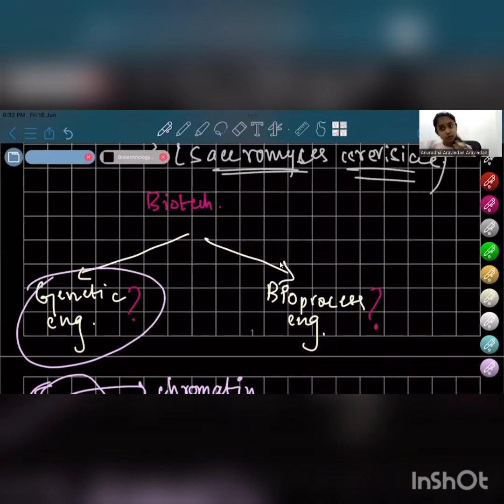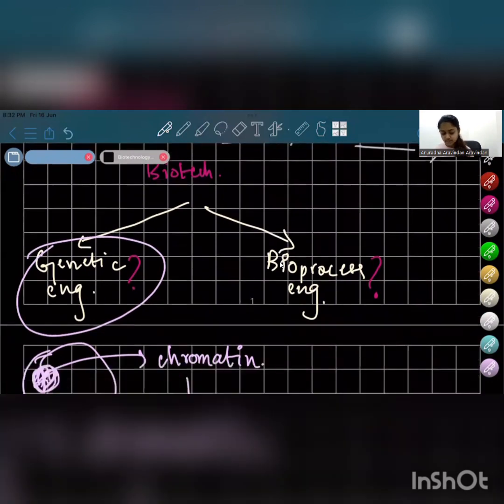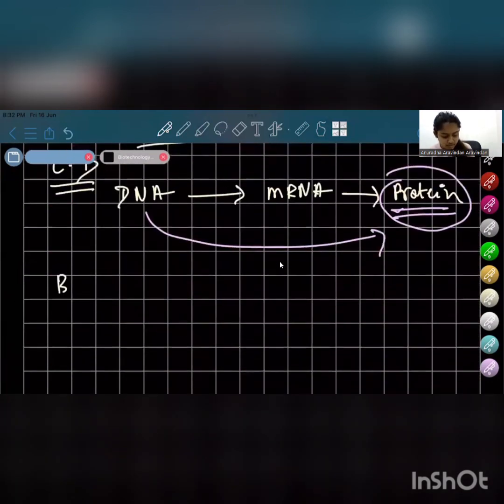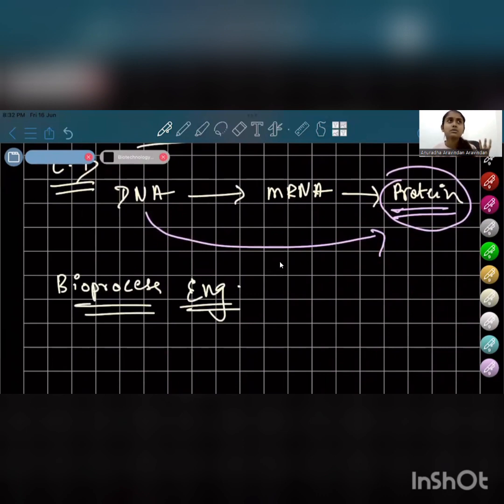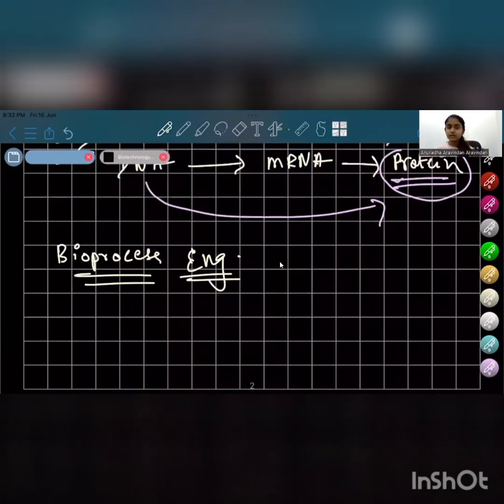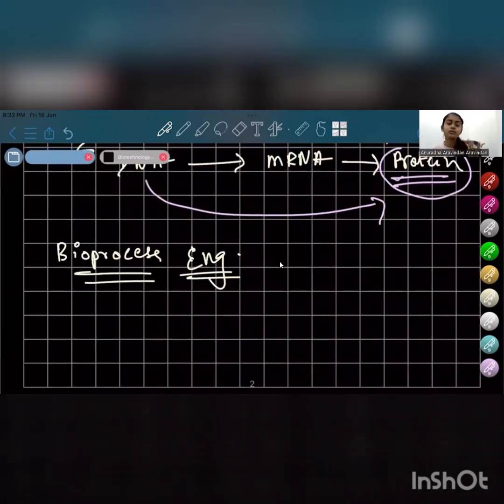So now let's come to bioprocess engineering. What is bioprocess engineering? I have explained an example about making curd from milk. It was a microbe-mediated process, obviously lactic acid bacteria, LAB, and with its acid it coagulated the milk, and then it gave us curd. Like this, many other products are made using this technique, like antibiotics, and we also have vaccines.